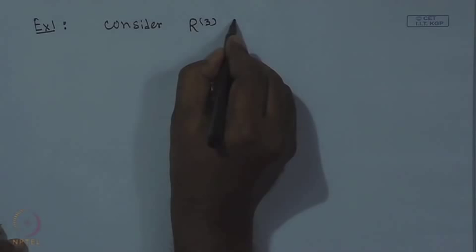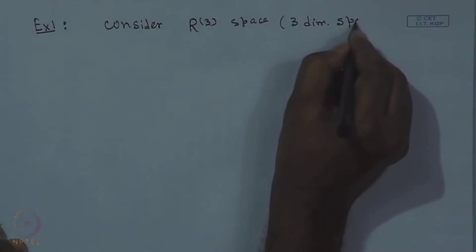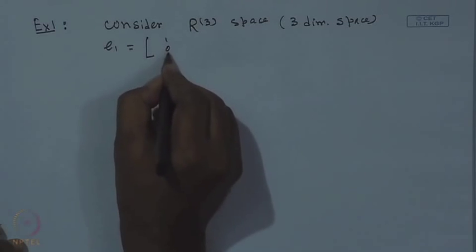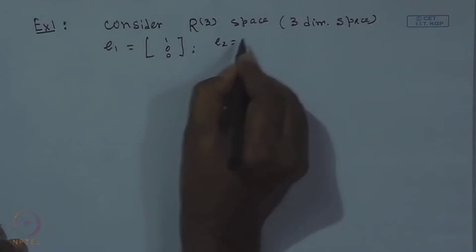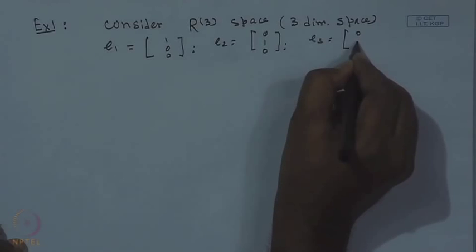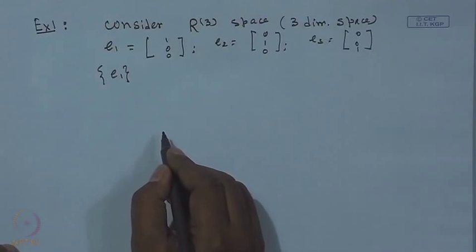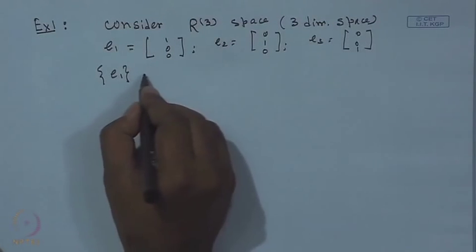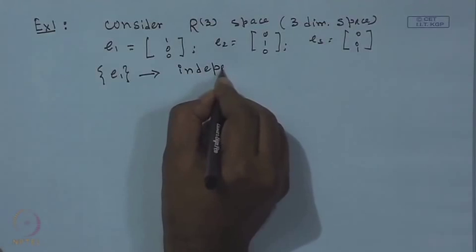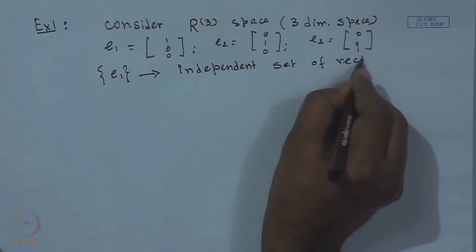Let us consider an R3 space. It is basically a 3-dimensional space where the vectors are E1 as 1 0 0, E2 as 0 1 0 and E3 as 0 0 1. This set of 3 vectors will constitute an independent set of vectors.